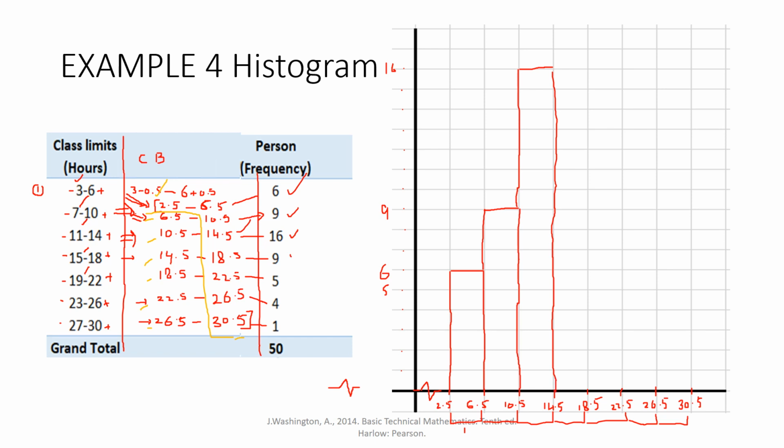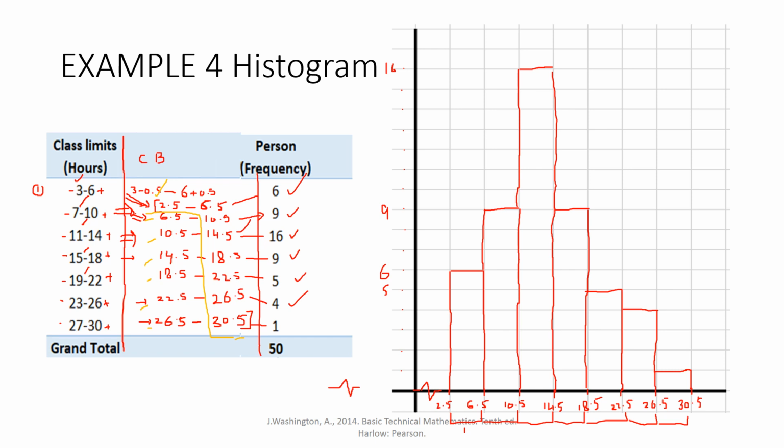Okay, the third one is 9 again, so it is 9. Next one is 9. Okay, then 5. So 5, here. 4 is this one, and then 1.